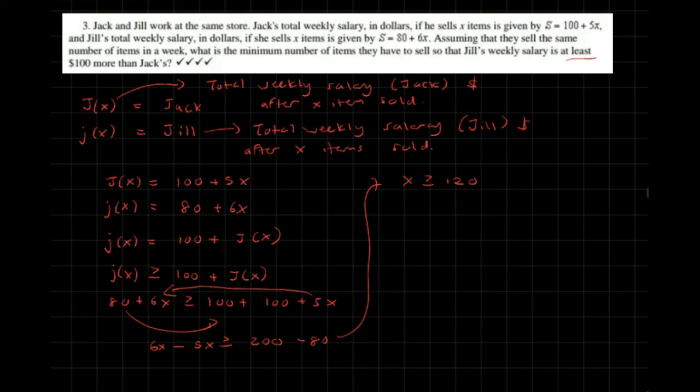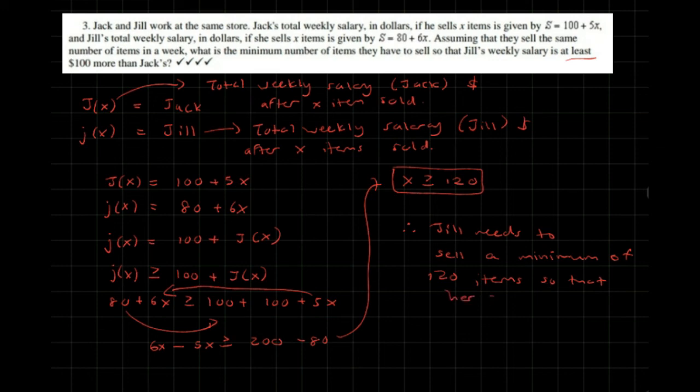So in this sense, Jill needs to sell at least, or a minimum of, 120 items so that her salary is at least $100 more than Jack.